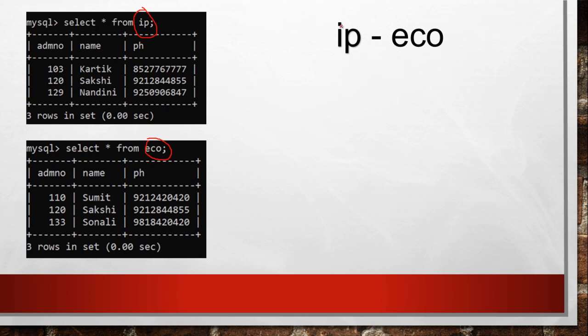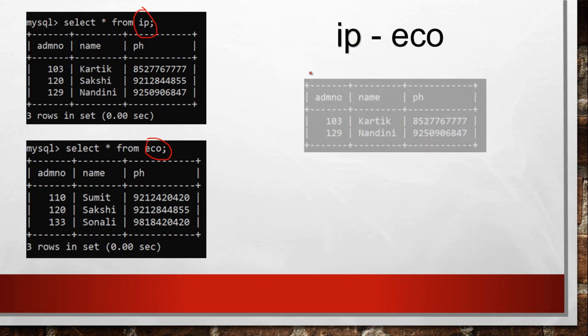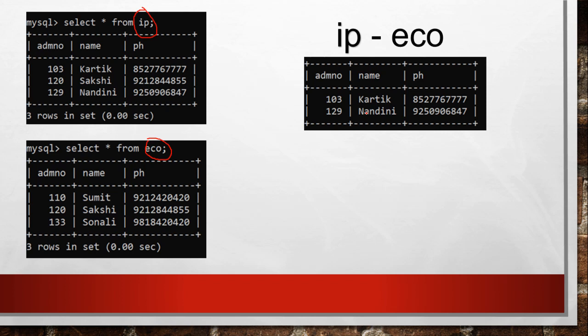So it will show me the records of only those students who are studying only IP, not echo. So we will get the answer Karthik and Nandini, because they are studying only IP, not echo, but Sakshi is also in the echo batch.